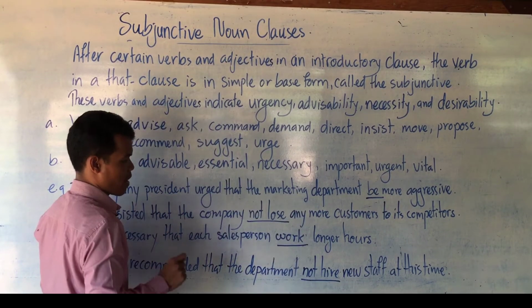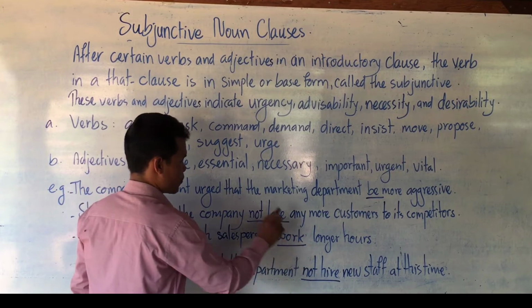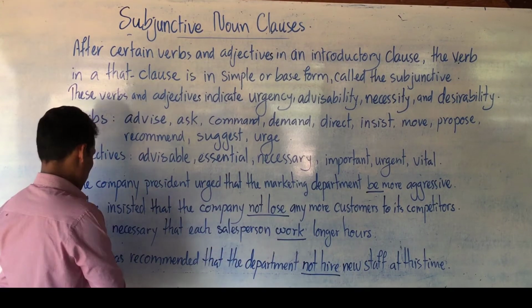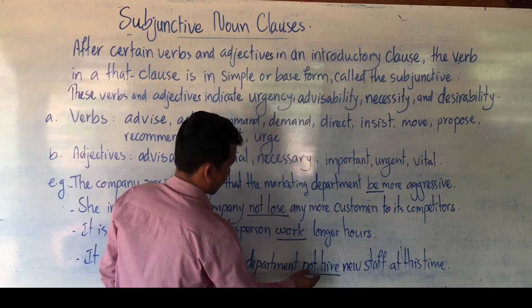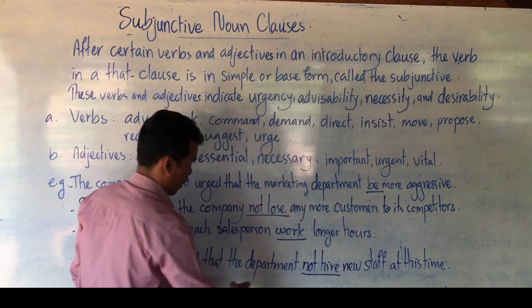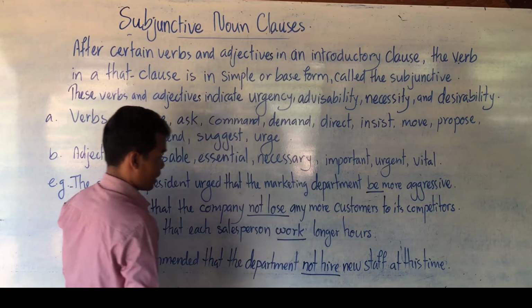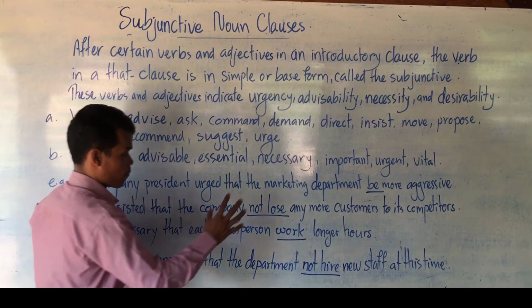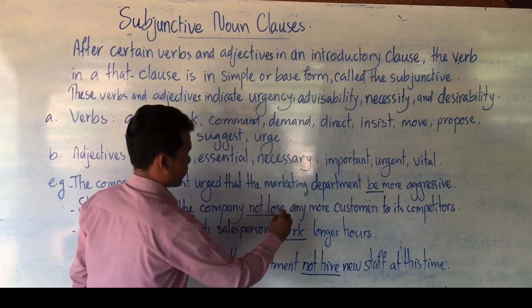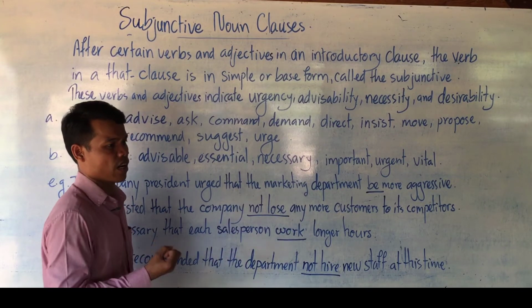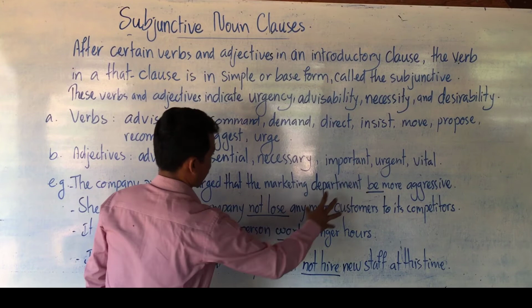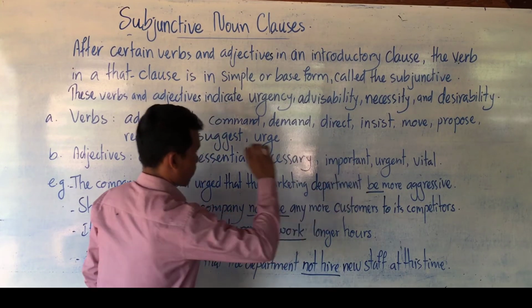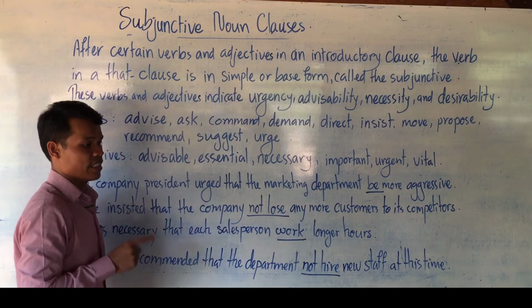So where is the base form from? Actually, it's from should work or something like that. It was recommended that the department not hire new staff at this time. So it's from should not hire new staff. Why do I say that it is should? It is based on some grammar books. Some grammar books mention that in our subjunctive noun clause, in fact, should is deleted.